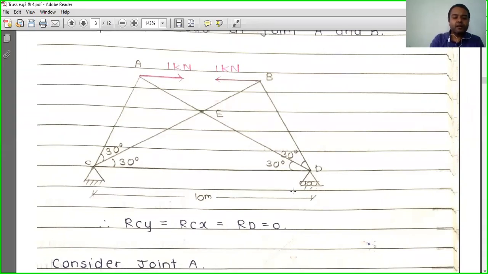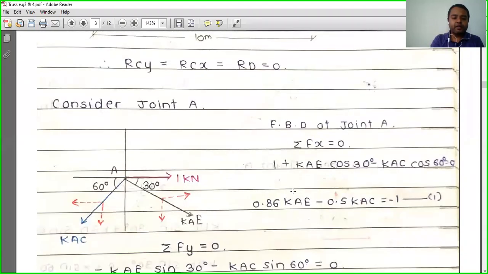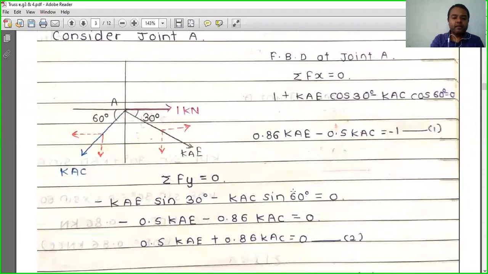Now next, consider the free body diagram of joint A. Show all the forces in all the members meeting at joint A. That is the free body diagram.